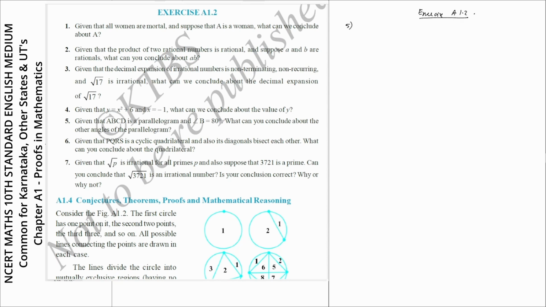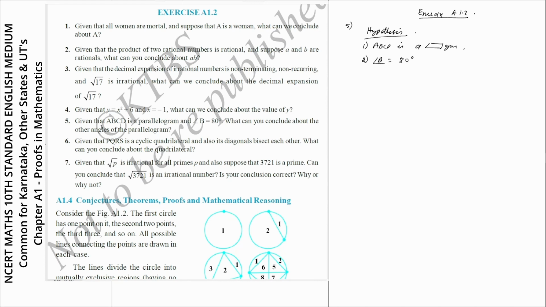Exercise A 1.2, question number 5. Given that ABCD is a parallelogram and angle B is equal to 80 degree, what can you conclude about the other angles of the parallelogram? The hypothesis in this question is ABCD is a parallelogram, and the second hypothesis is angle B is equal to 80 degree.